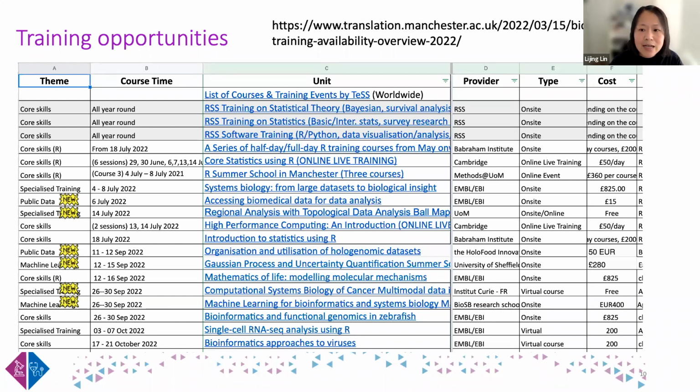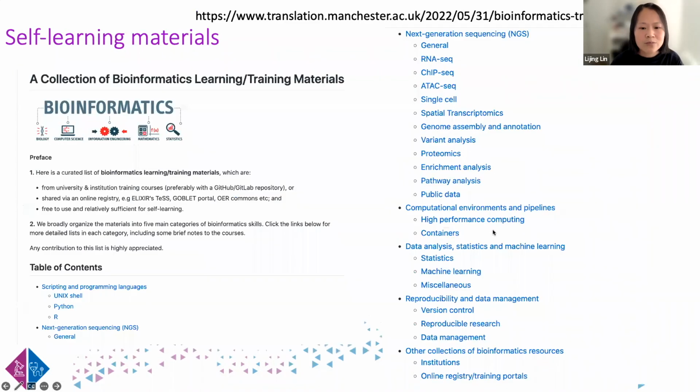And another set of online resources are learning materials. So we collected a set of learning materials on a GitHub repository. The aim is to collect self-explanatory or self-contained materials for you to learn bioinformatics yourself. This includes materials freely available online, as well as materials produced by myself.